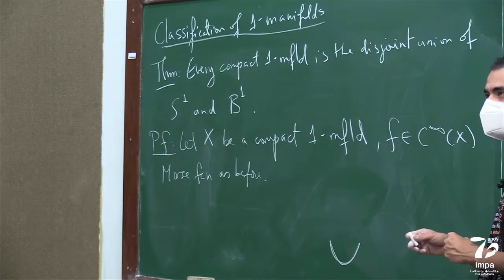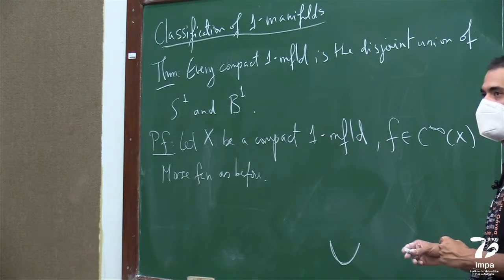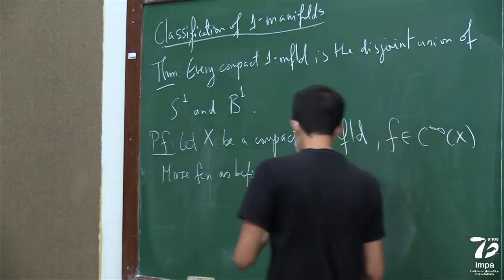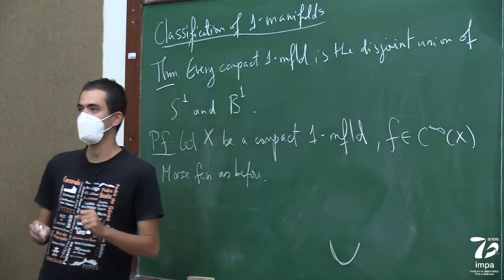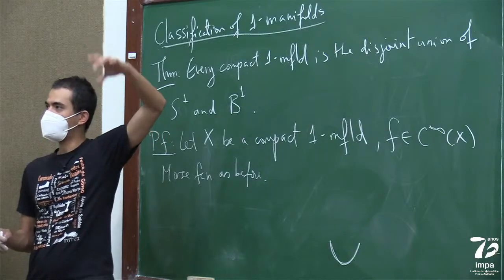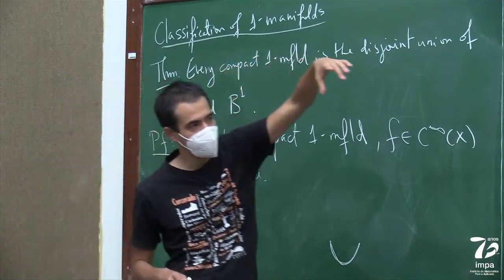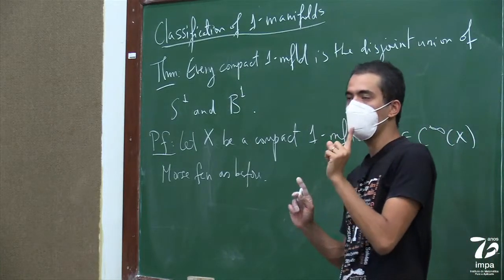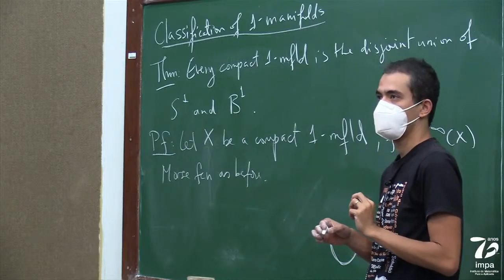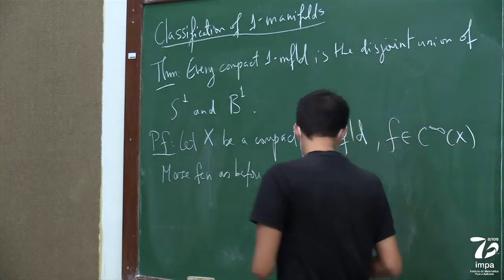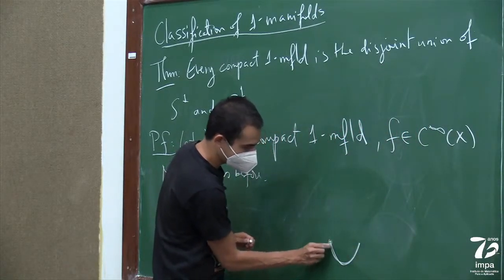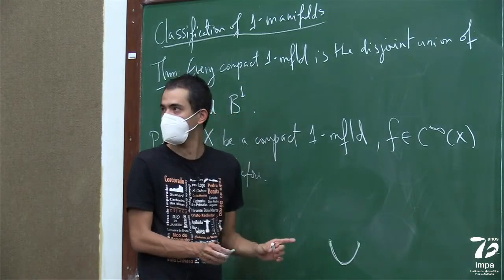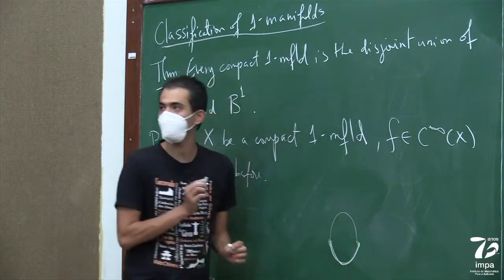Which means that if I have a 1 handle, let's say the second step is a 1 handle, how does a 1 handle attach? It has to attach to an S0. There's only one S0 on the boundary, so if I attach a 1 handle now, I have to do this.